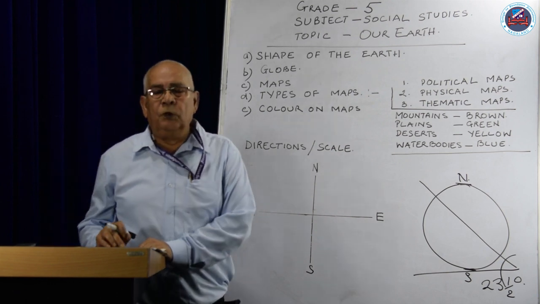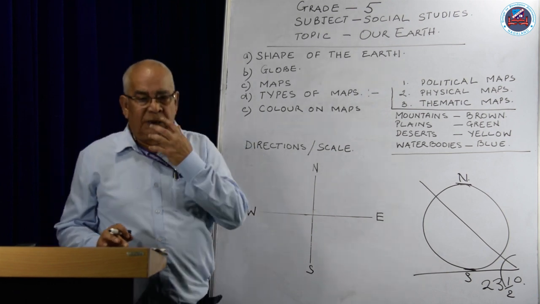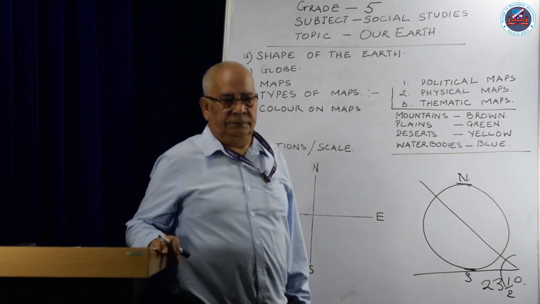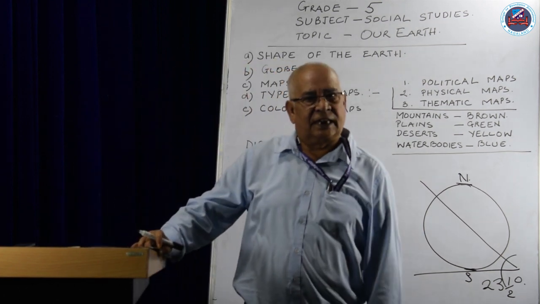Now, we will move on to globes. A globe is a model of the Earth. It has advantages and it has disadvantages.